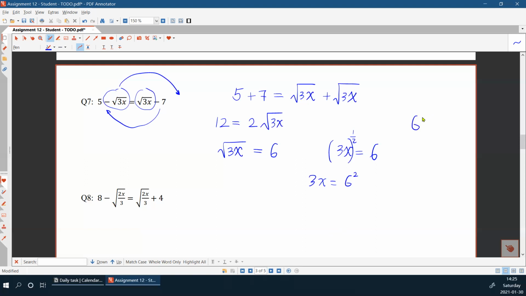Because 6 raised to the second power and then raised to the 1 over 2 power gives you a 6, right? So this means 3x is actually 36. And this gives you a solution to x, which is 36 over 3, which is 12, right?